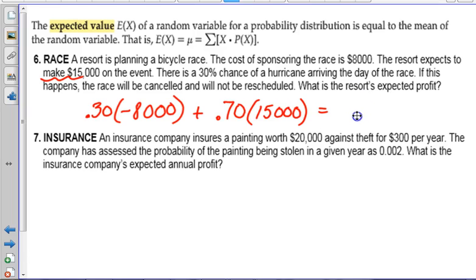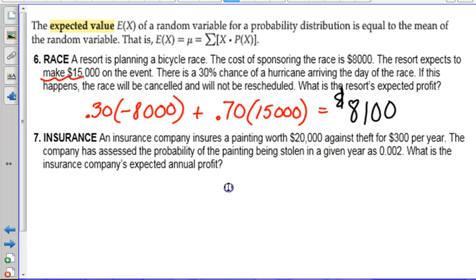Yeah, I'm going to say we're canceling, right? Because I'm expected to lose money. I got this. Did someone else get that? Okay. So this is an average. If it was always 30% chance that the day of the race, okay, on average, they would make a profit of this much.